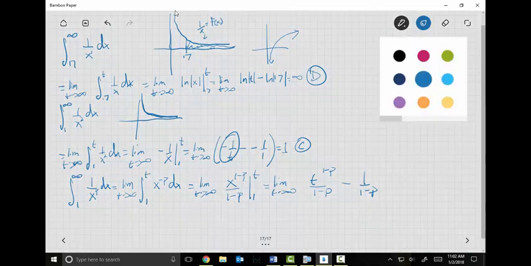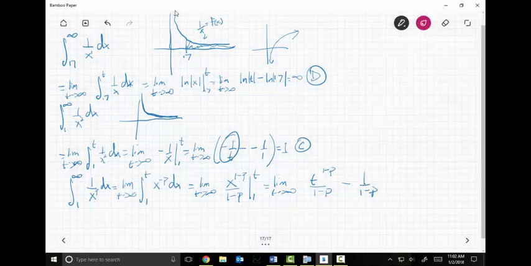All right, now let's think about this for just a second. A couple of things are going to happen here. I'm going to use my red as a warning. There are two cases here. Let's go case 1. Let's say 1 minus p is greater than 0. You probably see that if 1 minus p is greater than 0, that implies that p is less than 1. True? If p is less than 1, what happens?